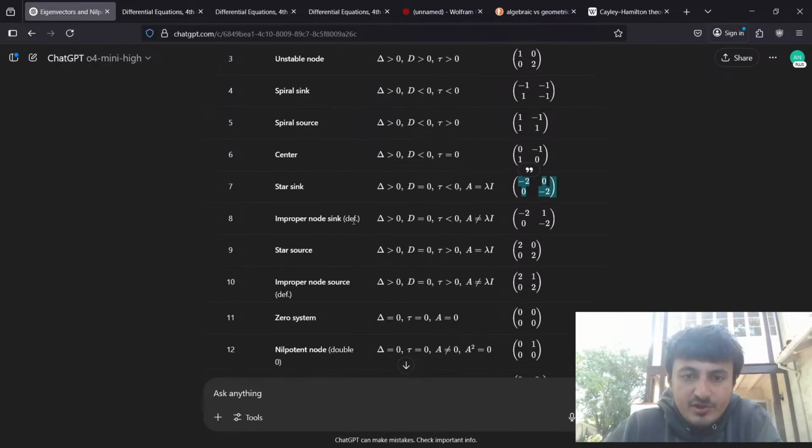And then an improper node sink. So then improper node sink. What does that mean? Oh, A equals lambda I. A does not equal lambda I. So this is where we have a discriminant greater than 0, a determinant equal to 0.